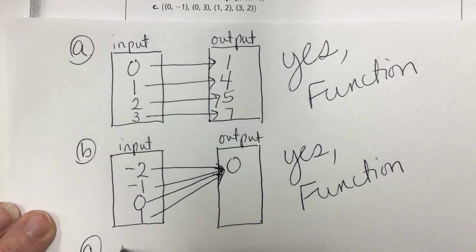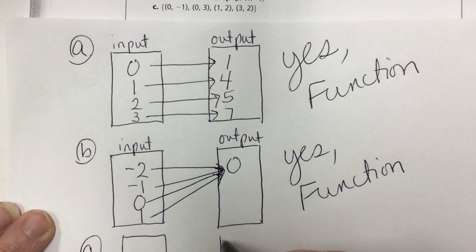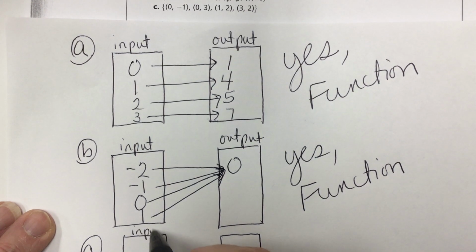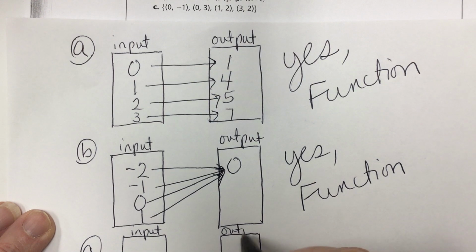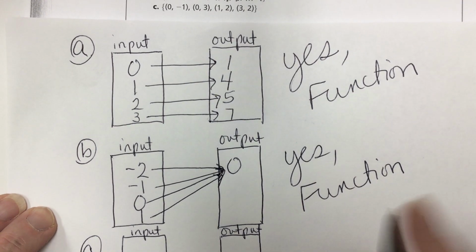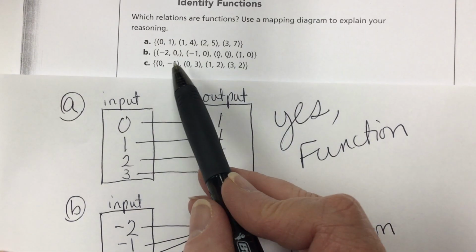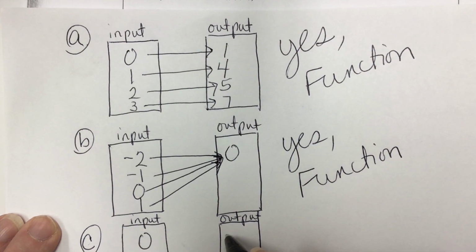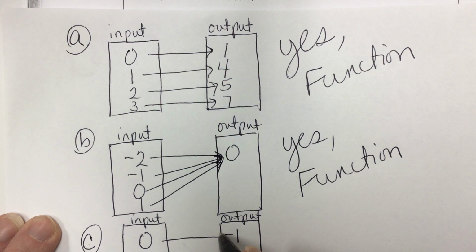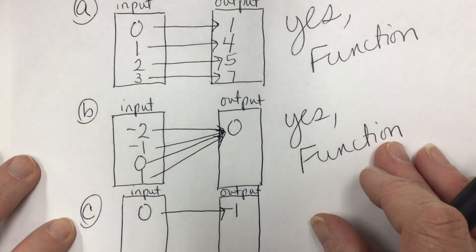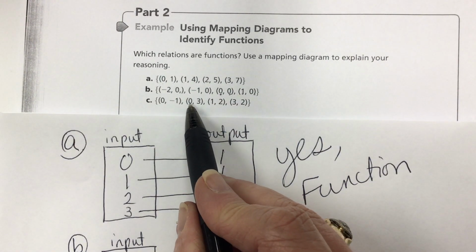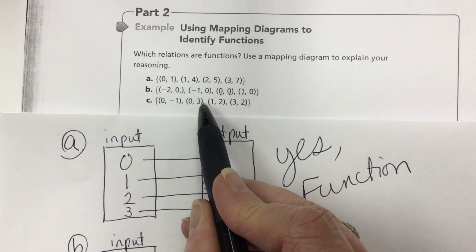Last, let's look at C, input and output, to determine if this relation is a function. So let's look at C, 0, -1. So I have 0, -1. Looking also at C, 0 also pairs with 3.